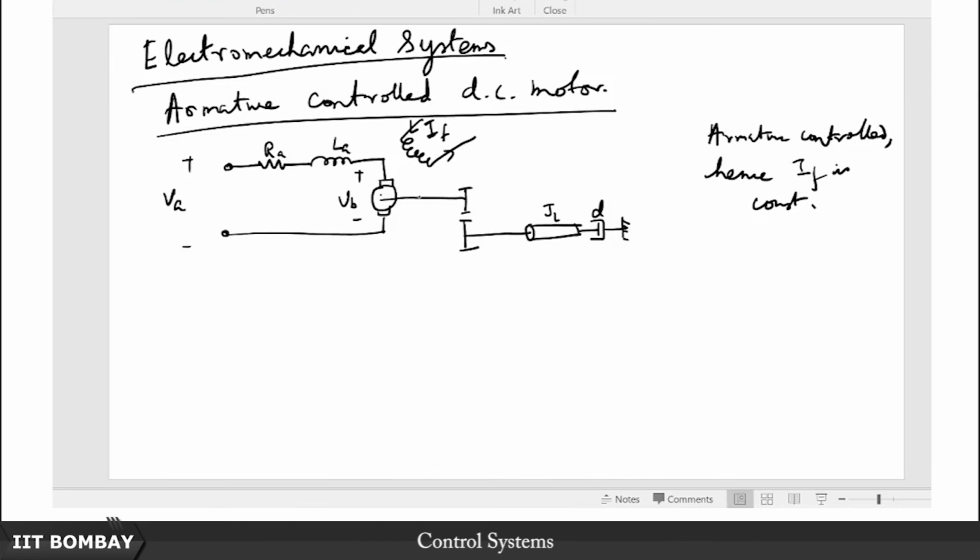The field circuit has its own resistance RF and inductance. After we've covered this armature controlled DC motor, I leave the field controlled modeling as an exercise to you. Let's call this the motor side gear teeth, and this the load side number of teeth. This is how the overall assembly looks.